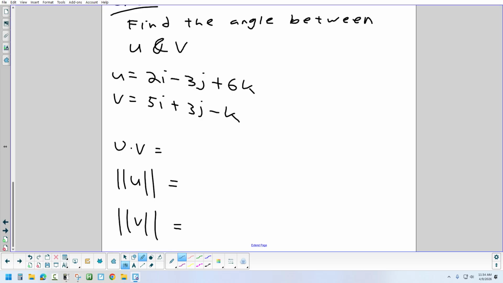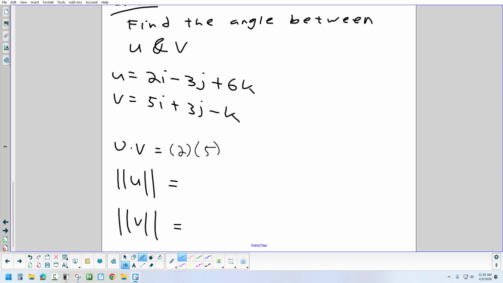I usually start with the dot product. Okay, how about Caleb? Can you give me the whole calculation I would do for the dot product?